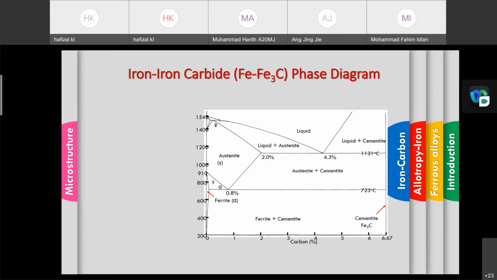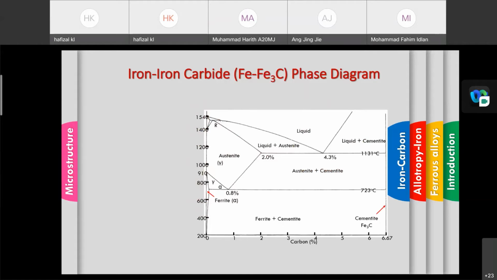As we can see, there is a diagram curve mainly involved in this area. Okay, and also we can see in this area. Okay, and also in this area.